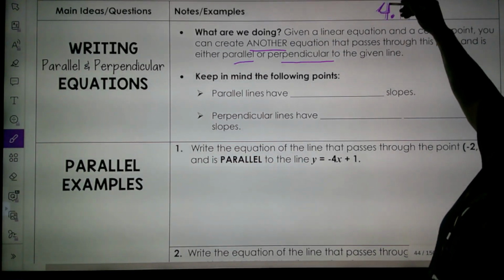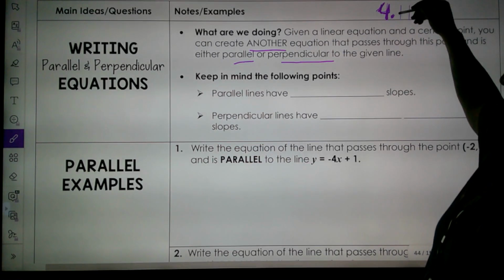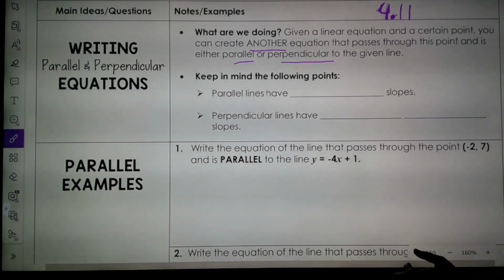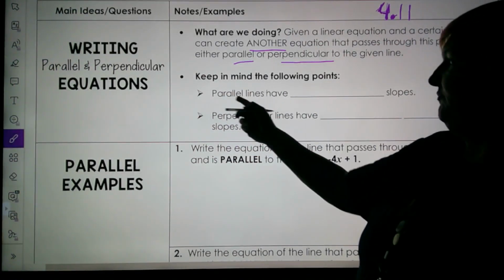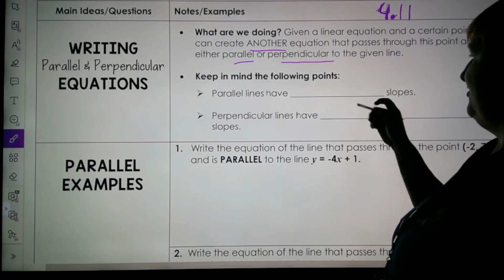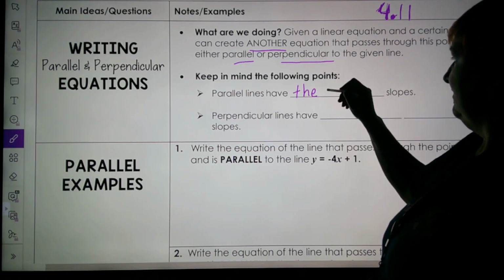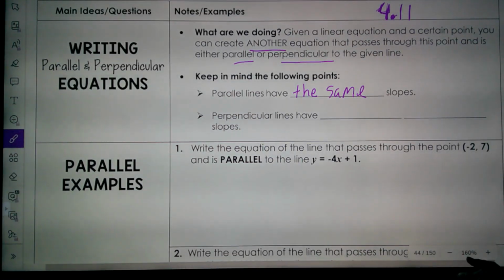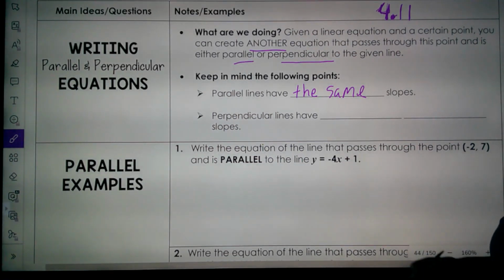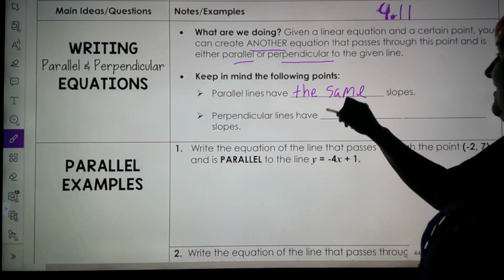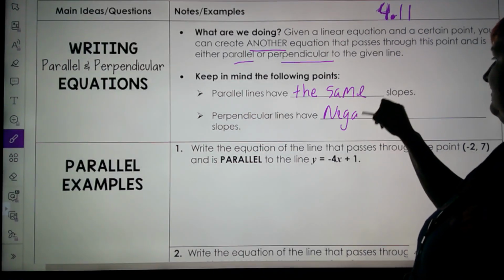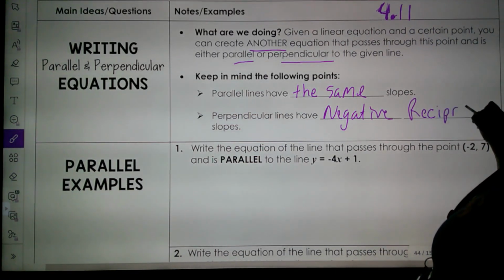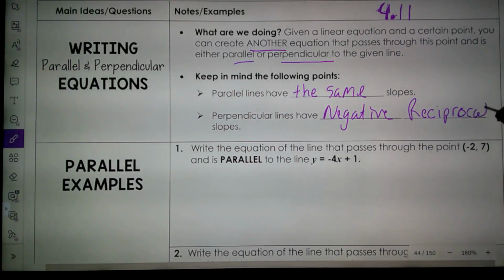Now that we know this new information about parallel and perpendicular equations, about the slope, we can use that information. Keep in mind, parallel lines have the same slopes. And perpendicular lines have negative reciprocal slopes.